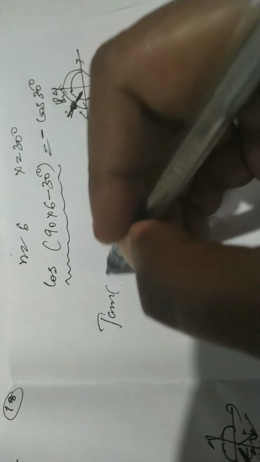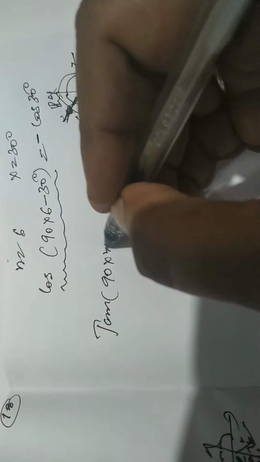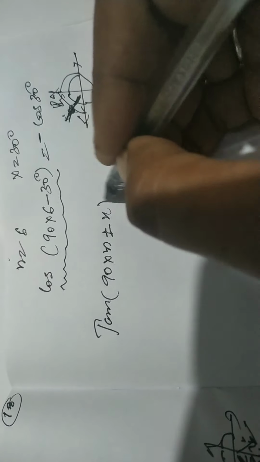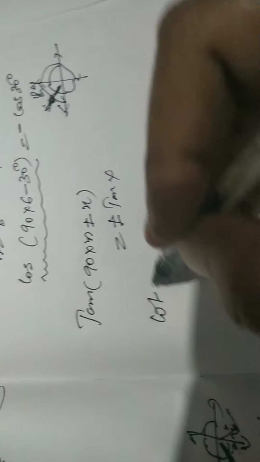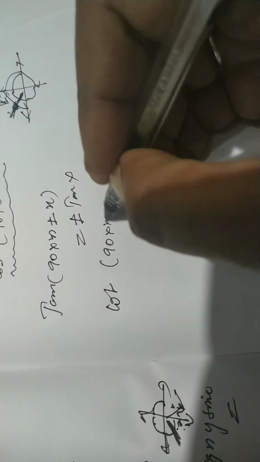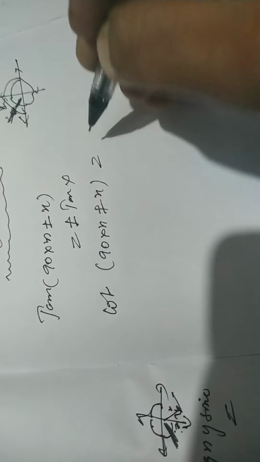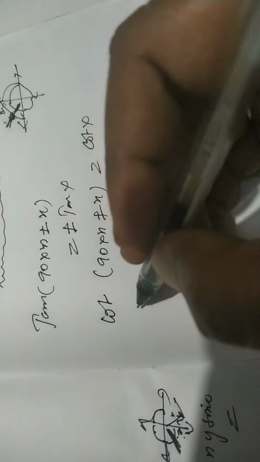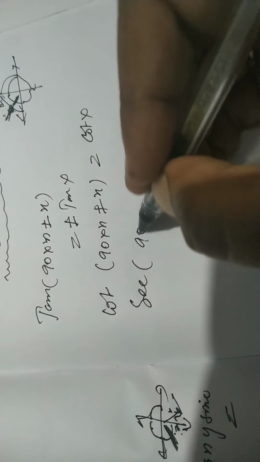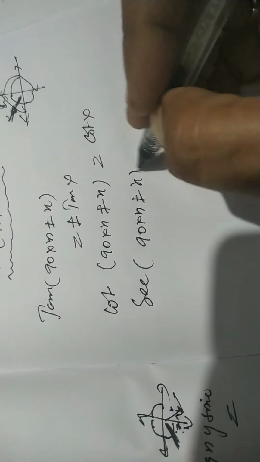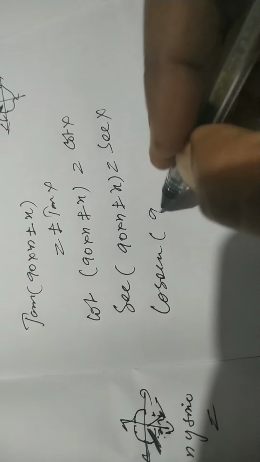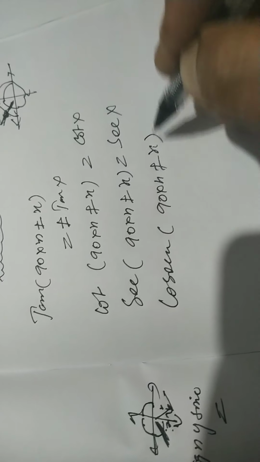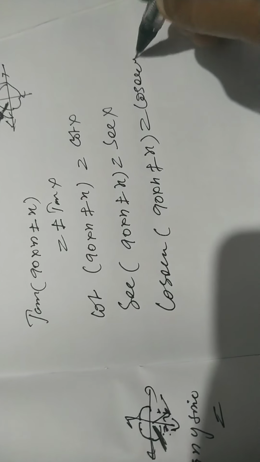Let's check it again. tan(90 × n ± x) is equal to plus or minus tan x, cot(90 × n ± x) is equal to cot x, sec(90 × n ± x) is equal to sec x, and cosec(90 × n ± x) is equal to cosec x.